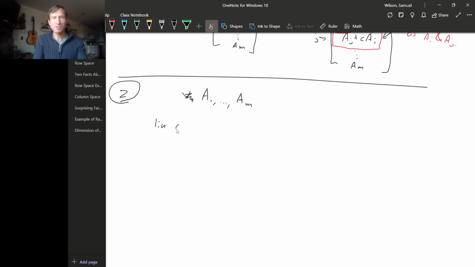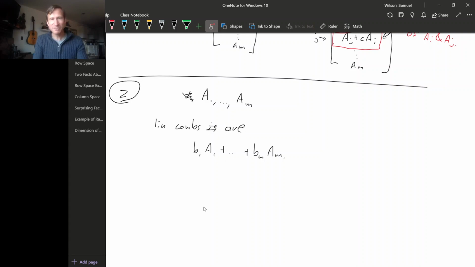A linear combination is something like B1A1 plus dot dot dot down to BMAM, right? But we might have several different linear combinations of the A's. So I guess I should write linear combinations are.